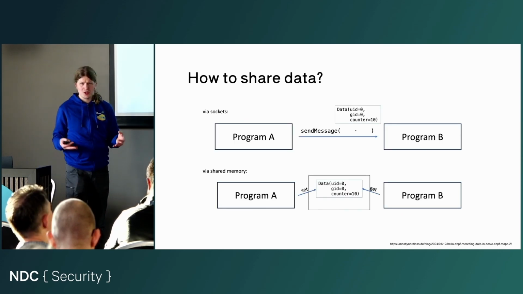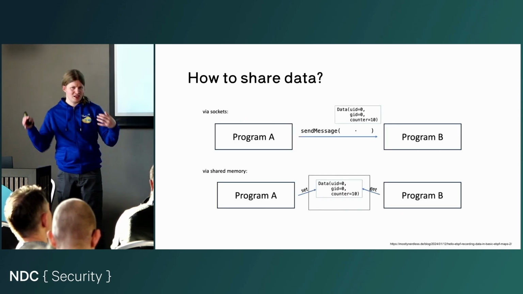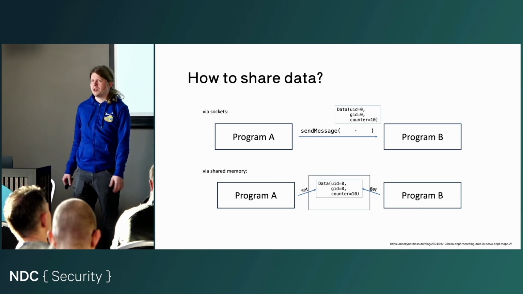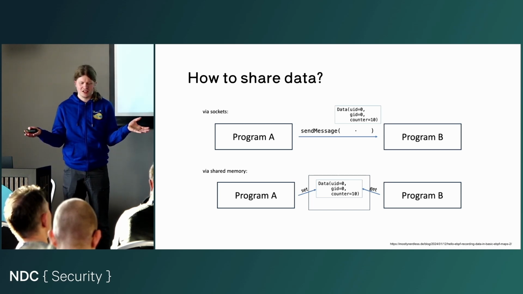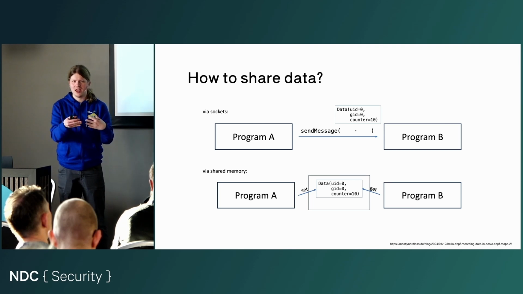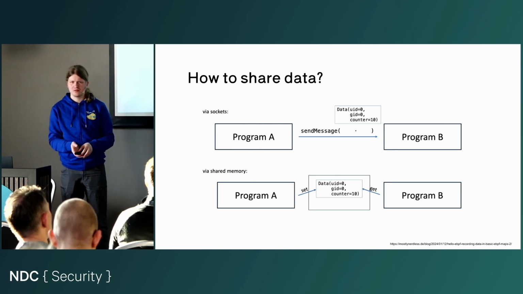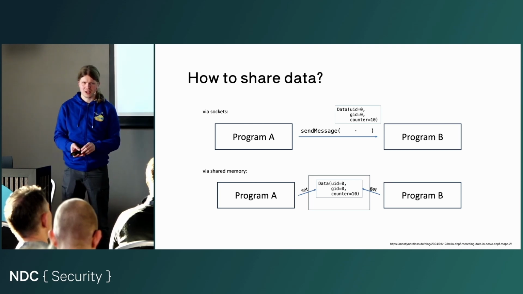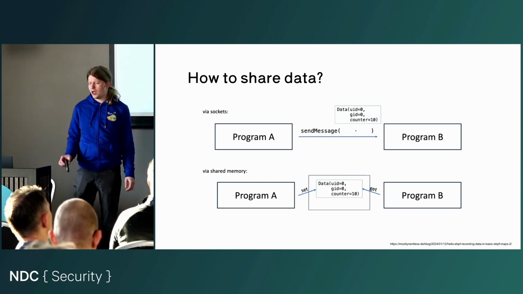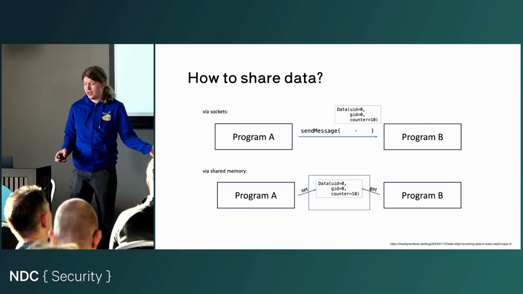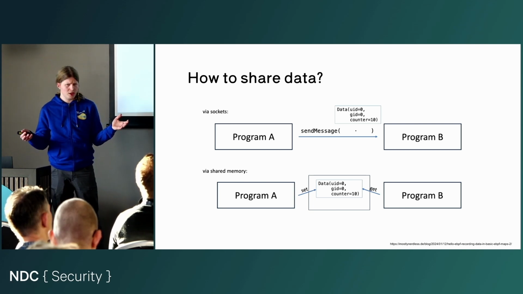Of course, I showed you that we can attach things there, but we also need to exchange data, because a program that we only run and that does something and doesn't communicate with the rest of our system is probably pretty dumb. For example, we can't update our IP list that we want to block. So the two traditional ways to share data would be, one, via socket.